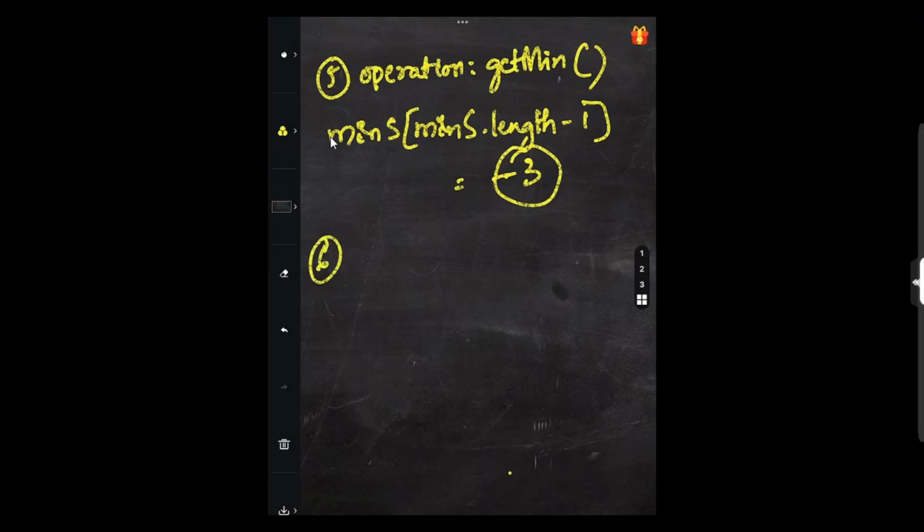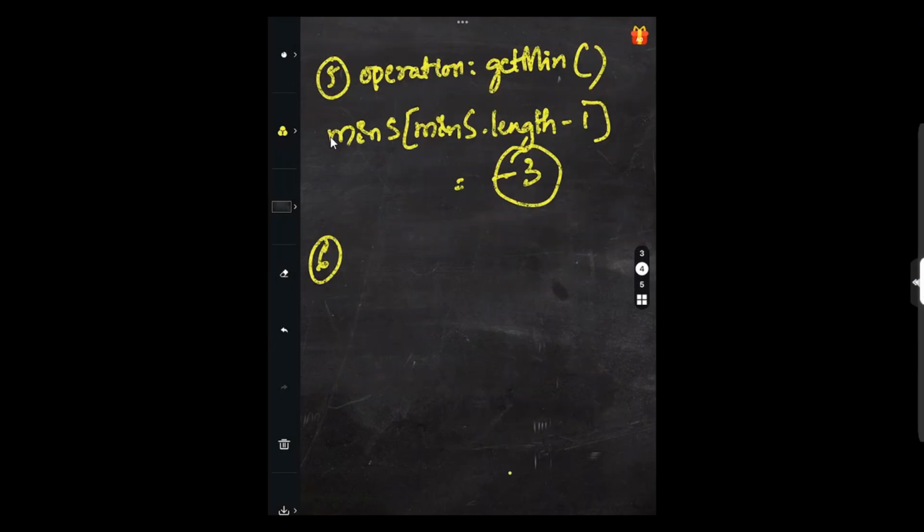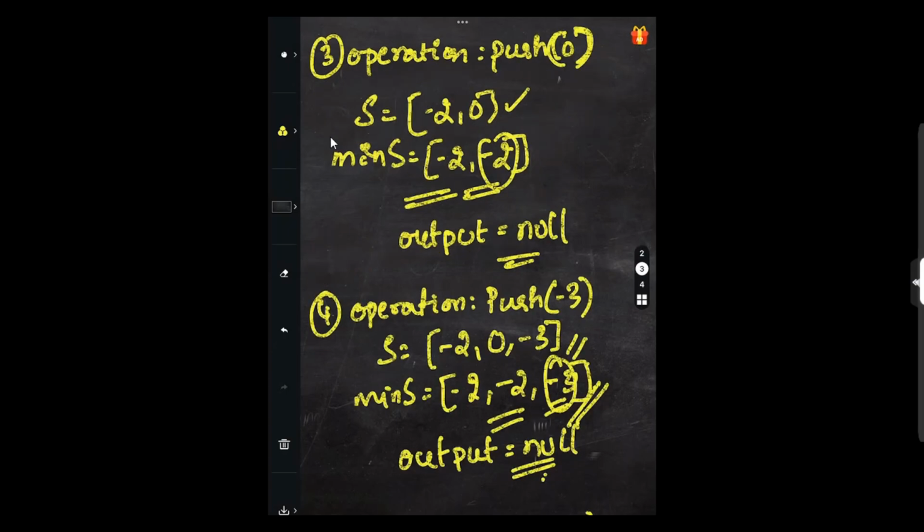Let's move on with the sixth operation, pop with empty brackets. What we will do here, we have to remove the top of both stacks, that is the main stack and the minimum stack. We are removing the top of both stacks, nothing but minus 3 and minus 3.